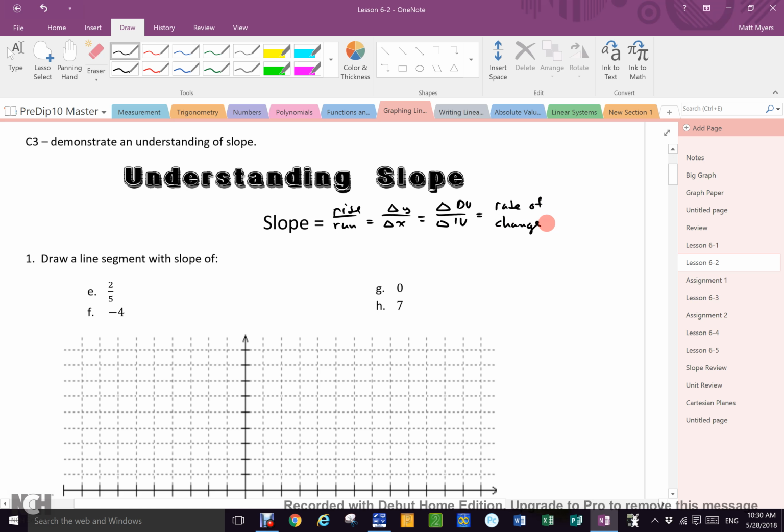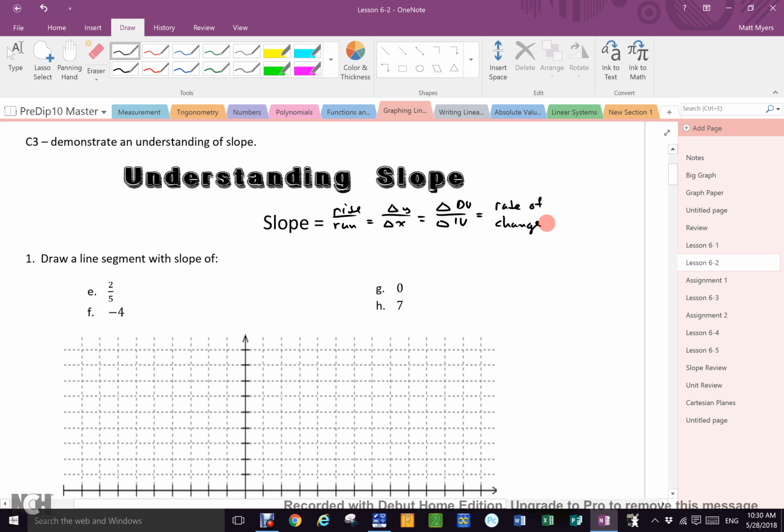Good job. Now, in each section, draw the appropriate line. So I need the E line in this quadrant, the F line in this quadrant, the G and the H. Go.